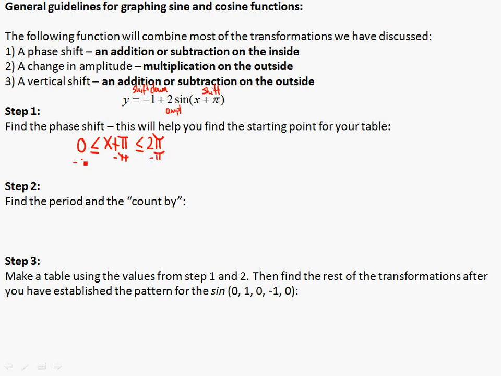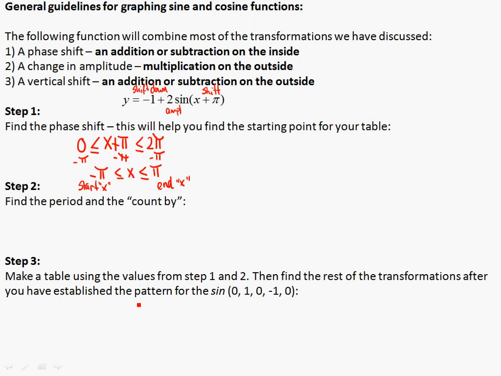In this case, I gave you one that's actually sort of nice. So you just get negative pi is less than or equal to x is less than or equal to pi. So the negative pi is my starting x, and pi would be where I end with my x's. Are you guys okay with that? Okay, and I'm going to put the table below here.